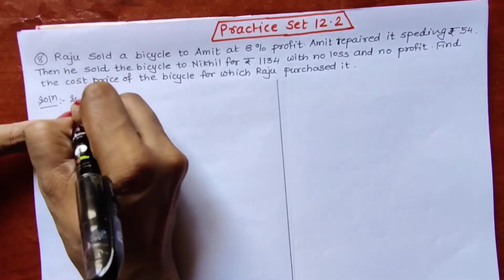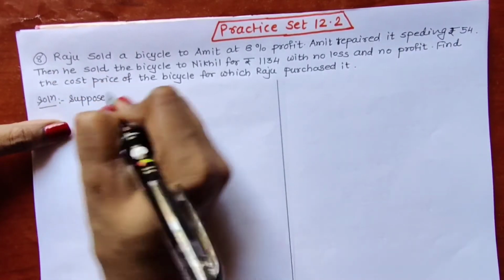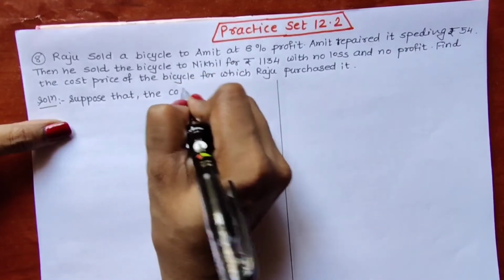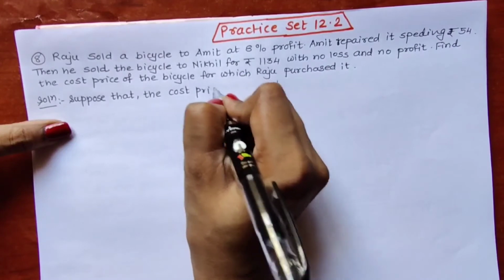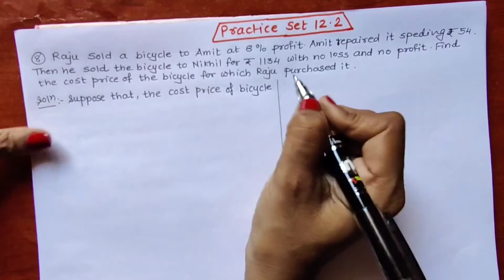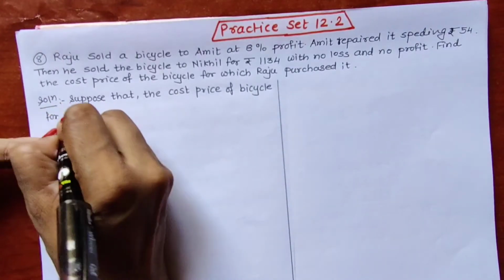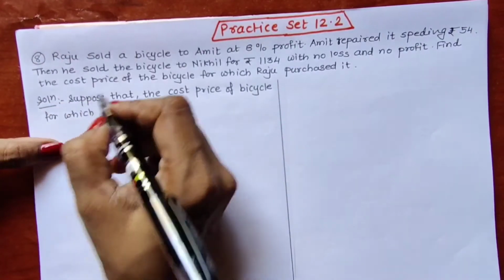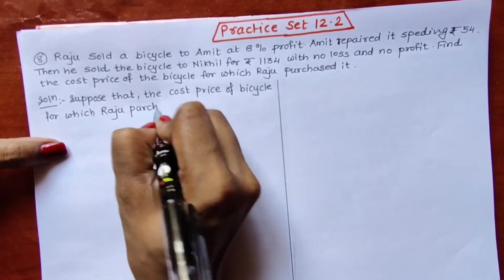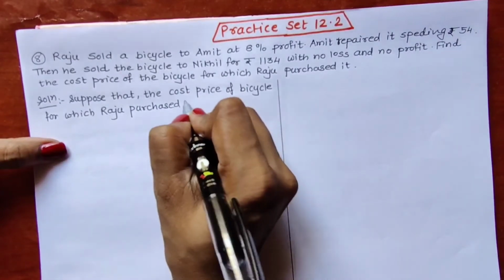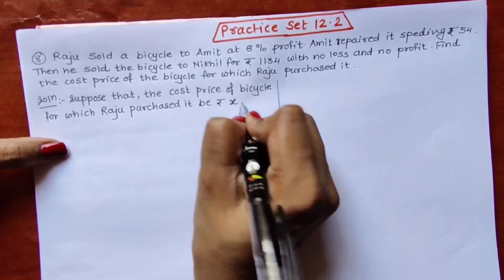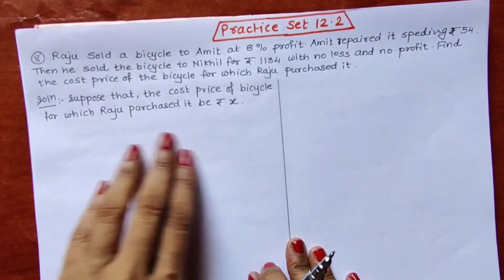So suppose that the cost price of bicycle for which Raju purchased it be rupees X. Okay, so Raju has purchased the bicycle at rupees X.